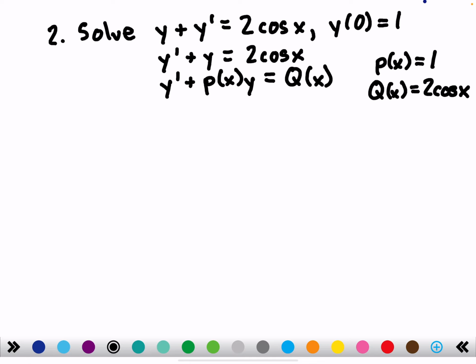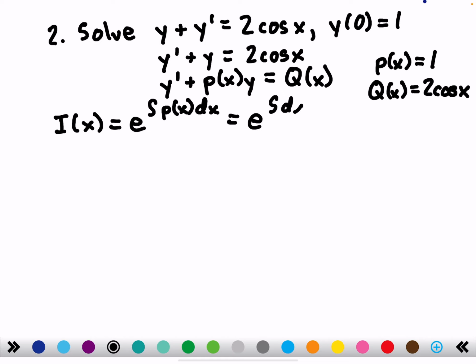Now we need to find the integrating factor I sub x. I sub x is equal to e to the power of the integral of p sub x dx. So this is just e to the integral of dx, and that is just e to the x.